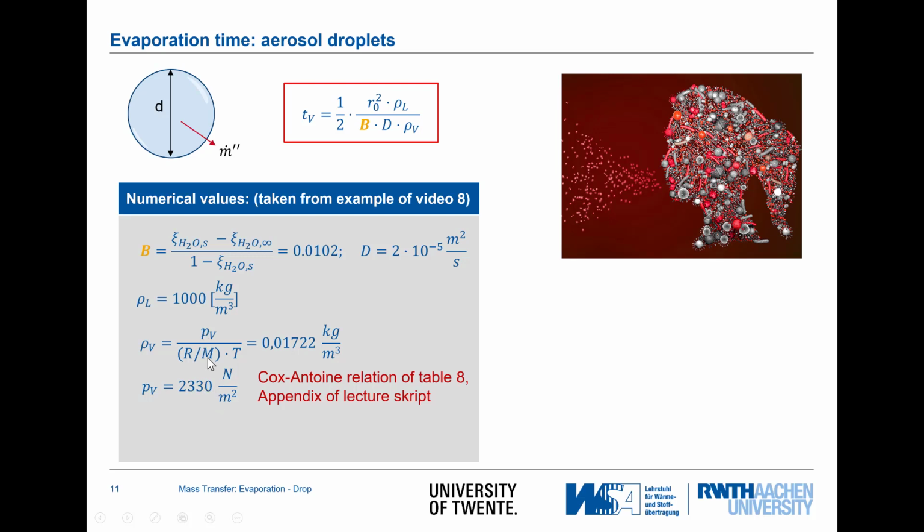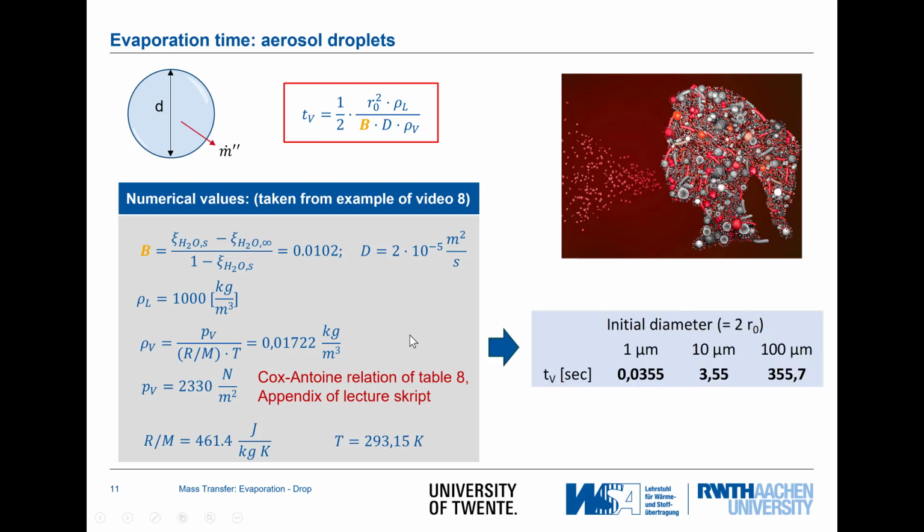And when I put that in, R over M, the specific gas constant is something above 461. Temperature was chosen to be 20 degrees centigrade. And if I put these values in, I get for rho vapor the values shown here.